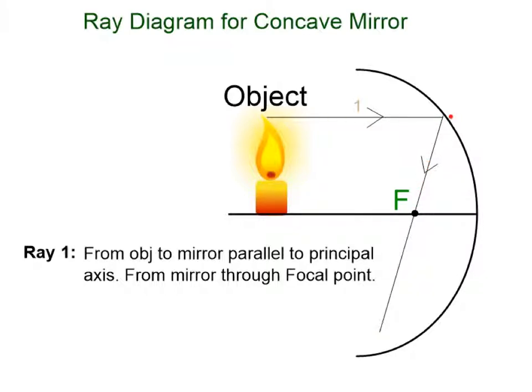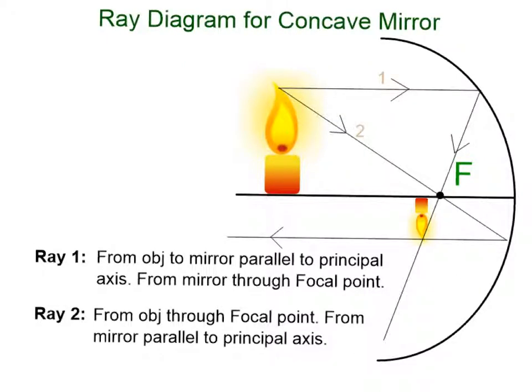We'll call this ray 1 being reflected, ray 1. Now, just as light rays that are traveling toward the mirror parallel to the optical axis will travel through the focal point, light rays that travel through the focal point before hitting the mirror are reflected parallel to the optical axis. So we're going to draw a ray like that.